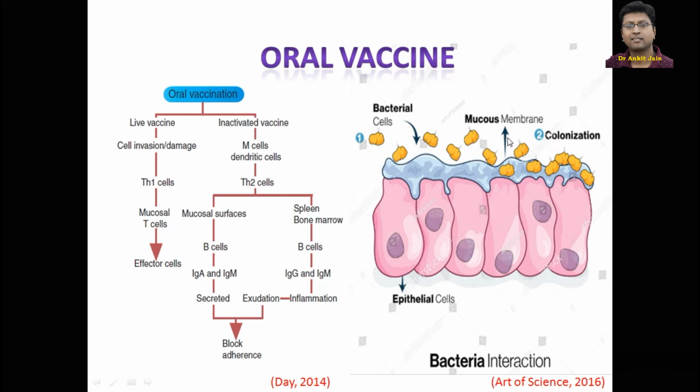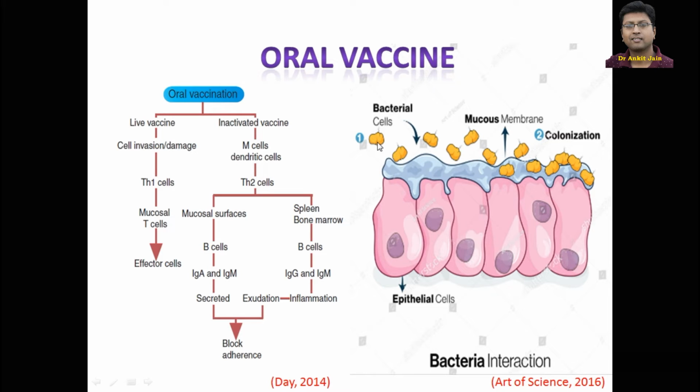Normally, the vaccine, when put orally, will be flushed out by the mucosa, and it will not work when the vaccine has inactivated particles or inactivated antigens. So it is very essential that the virus should be active, or live, or the bacteria should be live.